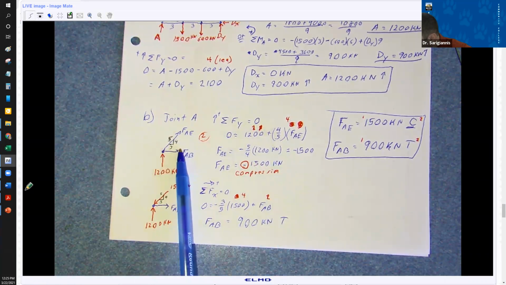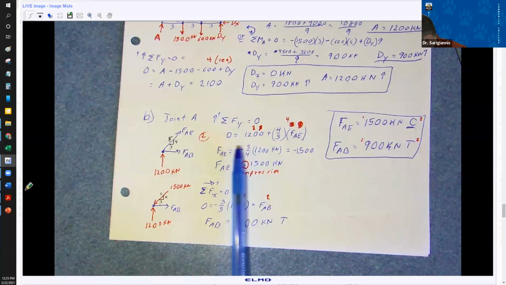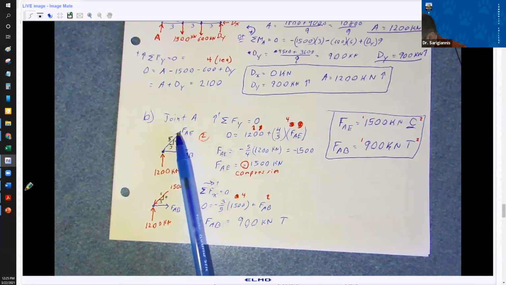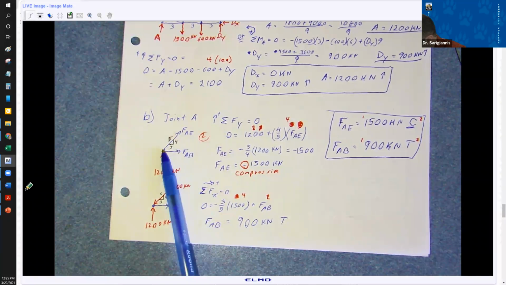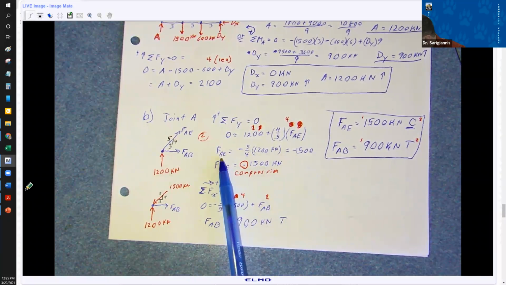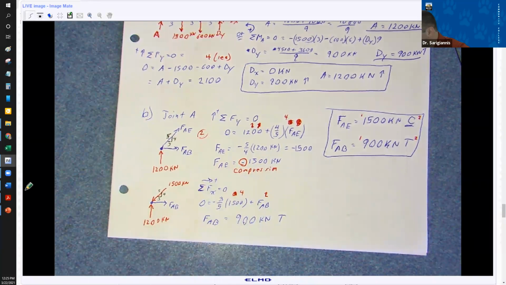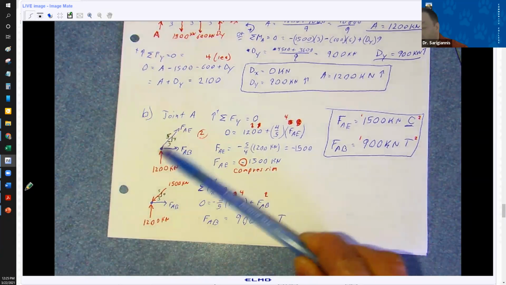FAE has an x component and a y component. And the way I've drawn it, the x is to the right, the y is vertical. Now, again, intuition should have told you; some people just made the note, oh yeah, this has got to be pointing downward. I wind up solving this equation and getting FAE is negative 1500 kilonewtons. And this negative sign tells me it's in compression. So it's actually pointing downward.